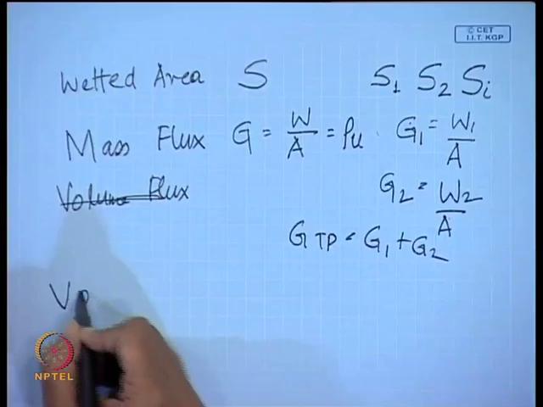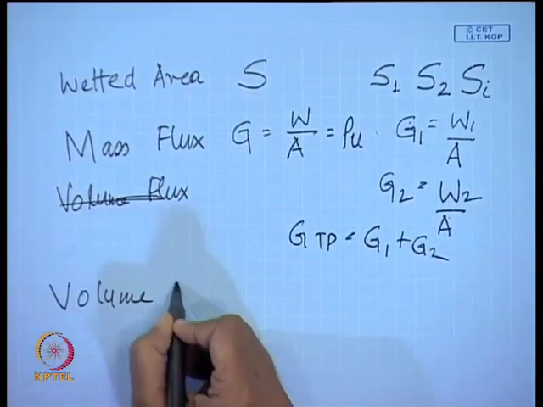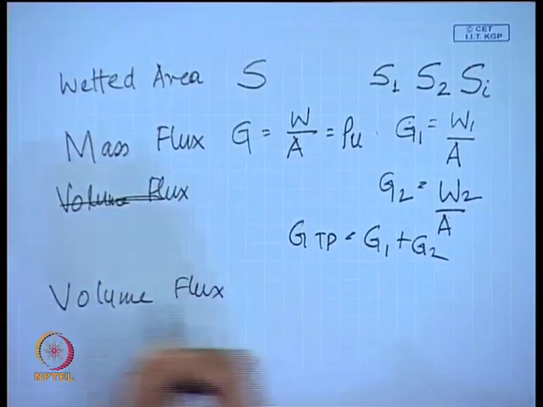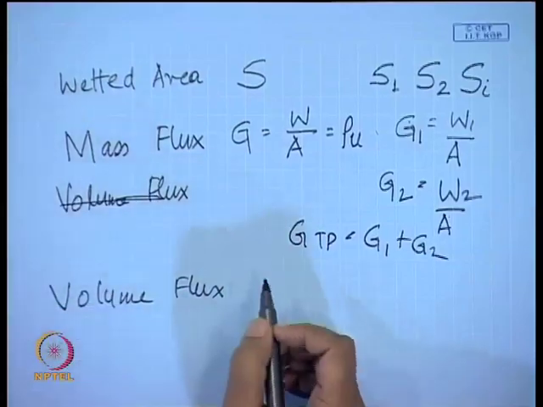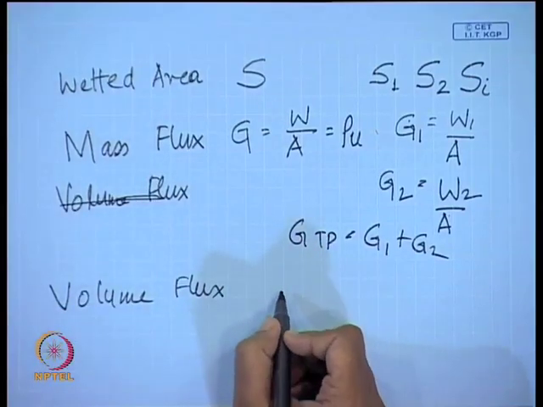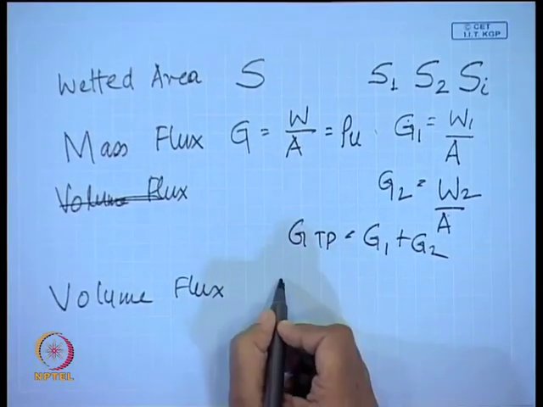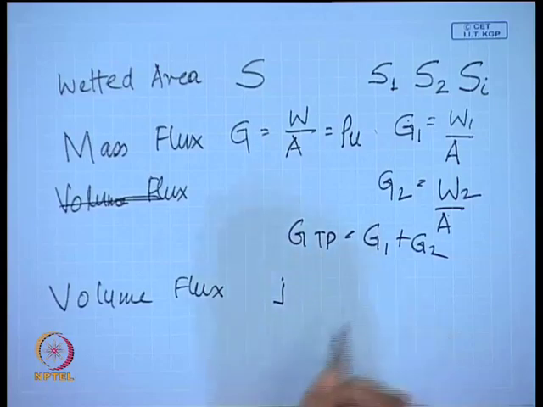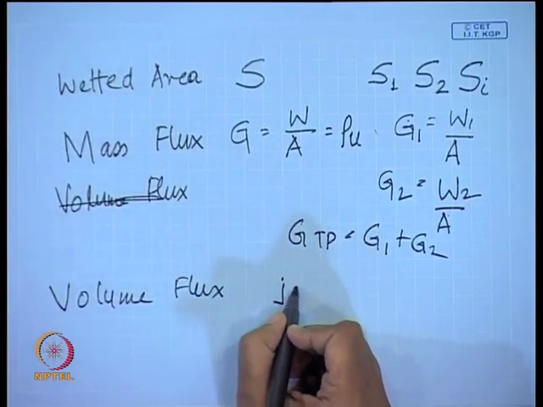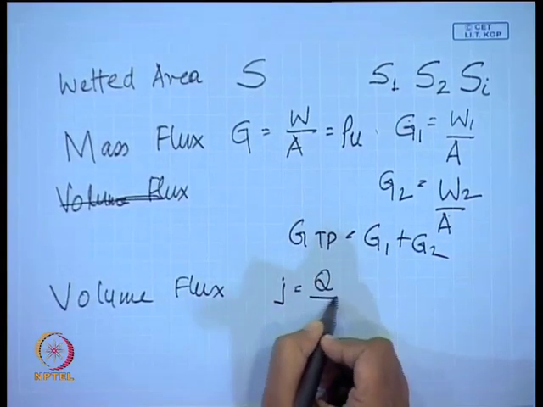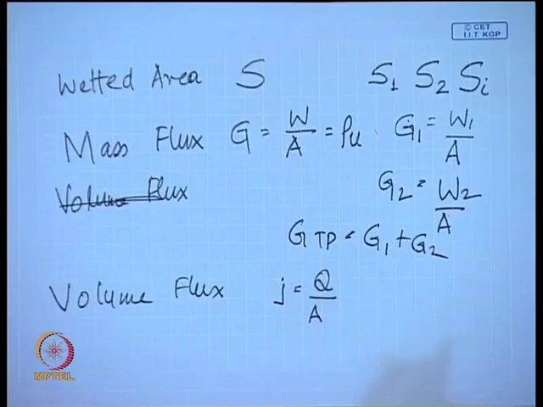Similarly, we have something known as the volume flux. We will not use it very frequently, but we will be using it. This is defined as small j, which is volume flux, meaning volumetric flow rate per unit area, isn't it?